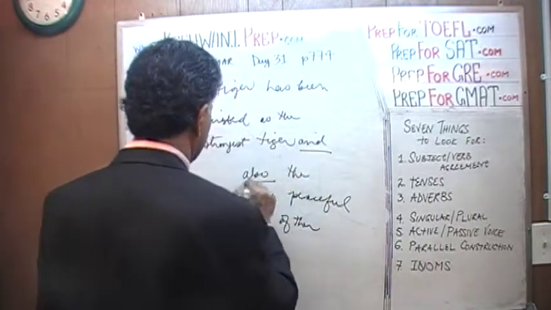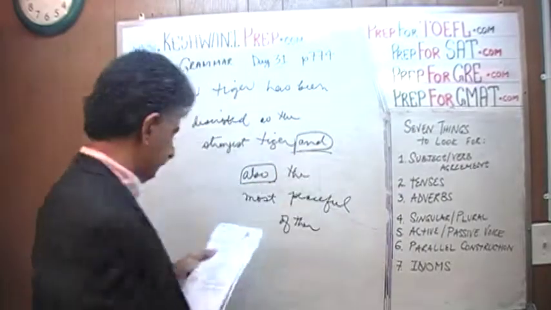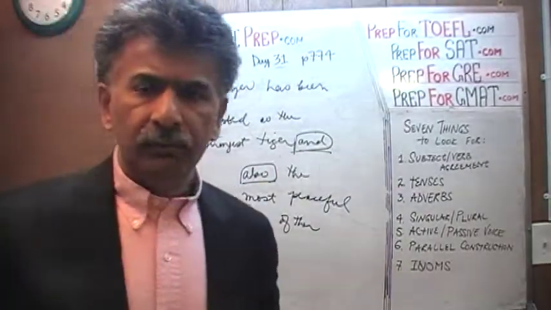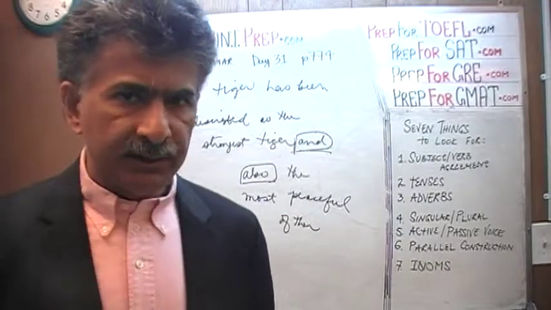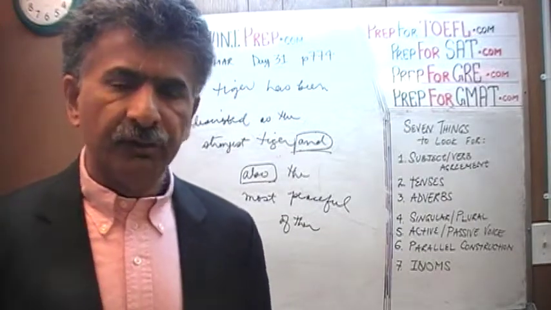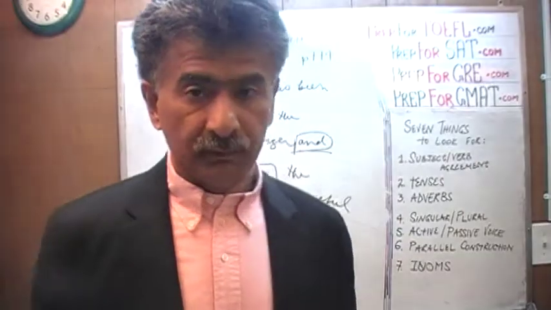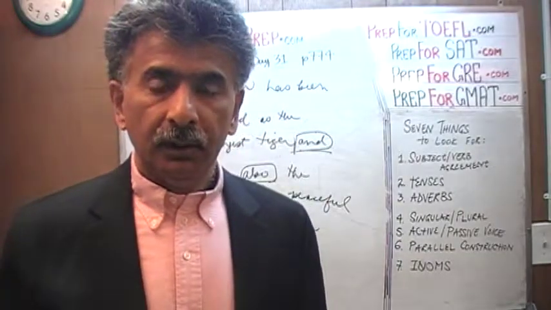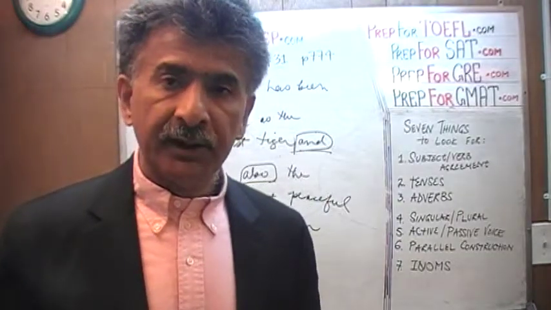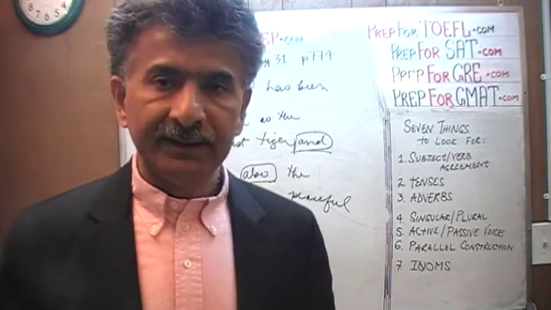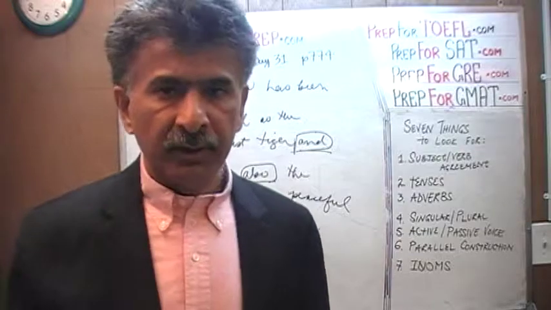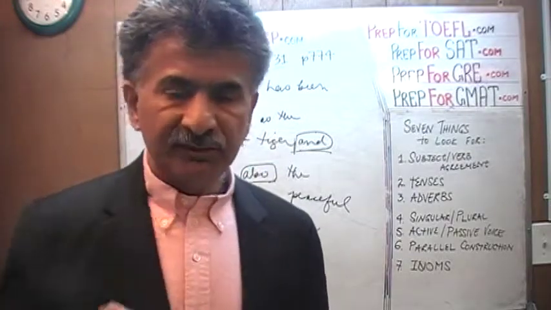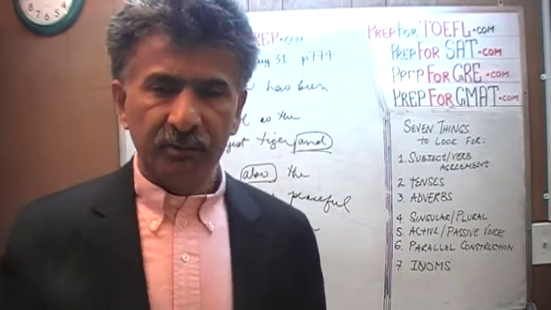And also the most peaceful tiger here. The problem here is that we are stating two ideas. In the first part of the sentence, we are stating the fact that he is the strongest of the tigers, and therefore logic would dictate that the second part, the fact that he is the most peaceful of all tigers, they're contradictory. One does not expect such a thing. One does not expect the strongest tiger to be the most peaceful one.